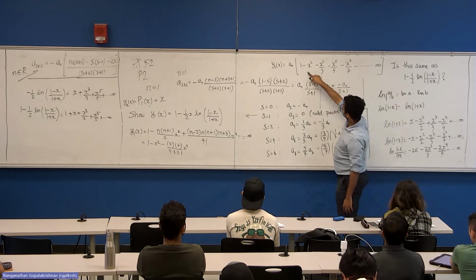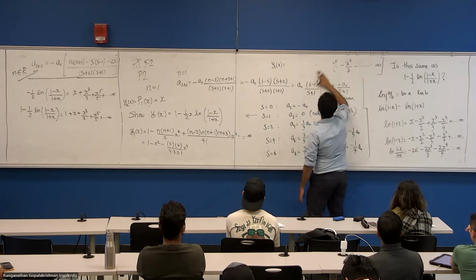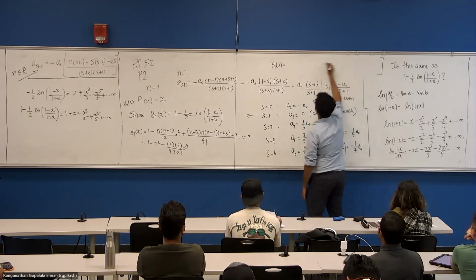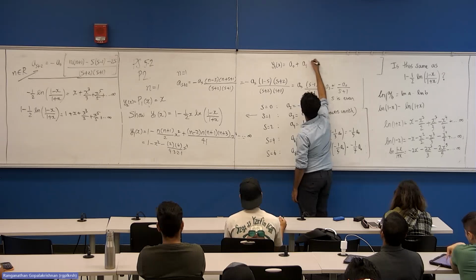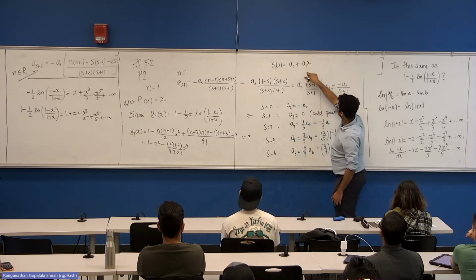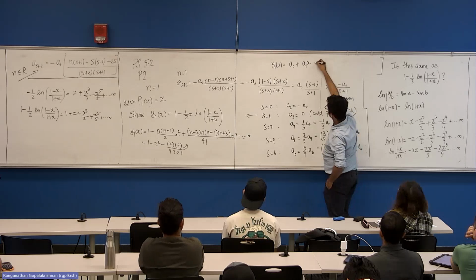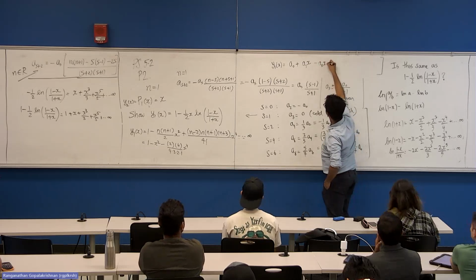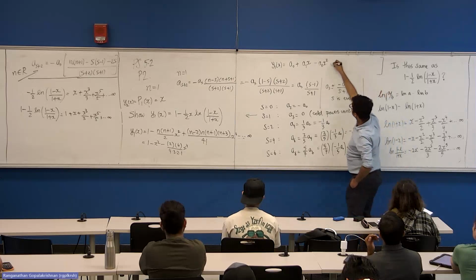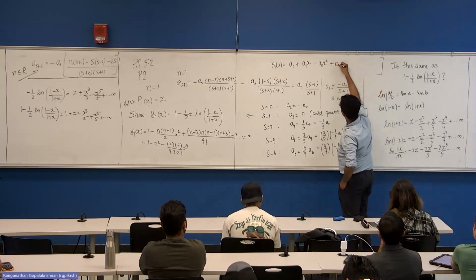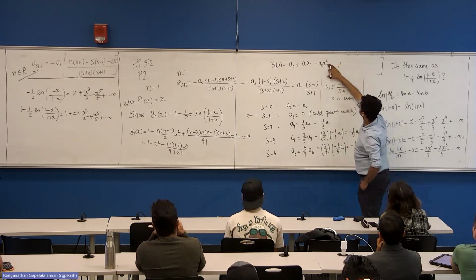Minus a naught. I'll have a naught plus a1 times x. Both these two values are undetermined. Okay. And then I'll have a2, which is minus a naught x squared, plus a3 x cube. What is a3? 0. That goes away.